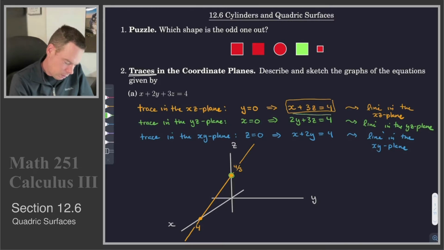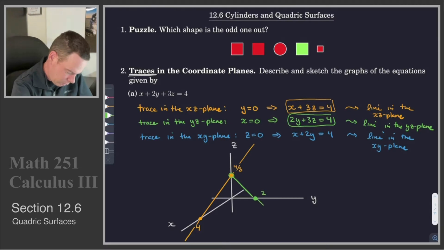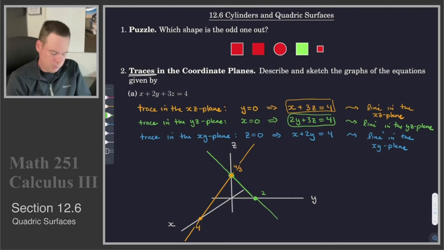So again, I'm looking at this equation. When z is 0, y is 2. So I know it has to pass through this point here, and it's got to therefore intersect along this line. So there's our line segment, and then we can just continue our line. And this line lives in the yz plane.